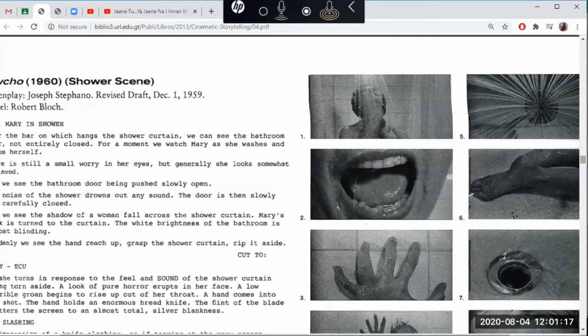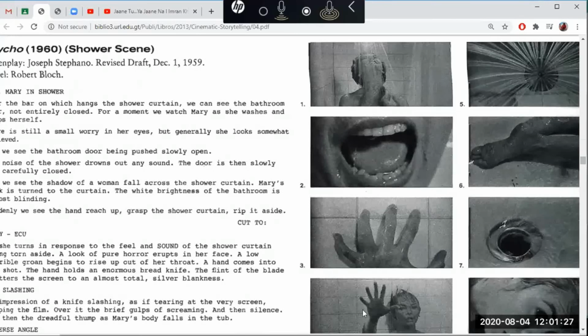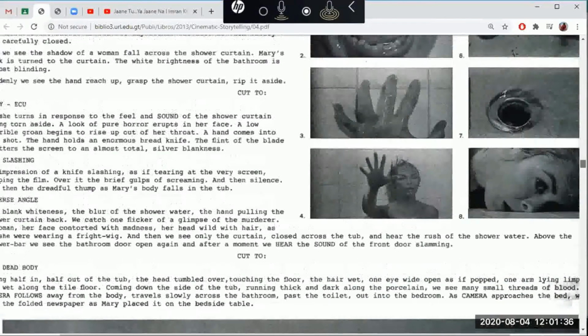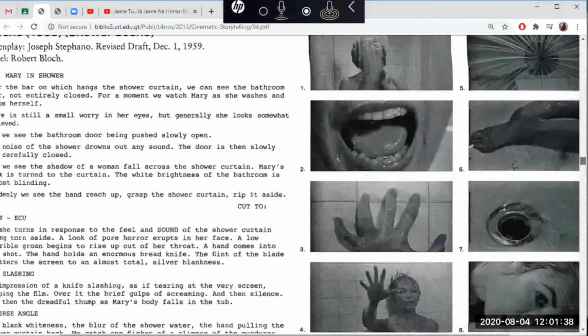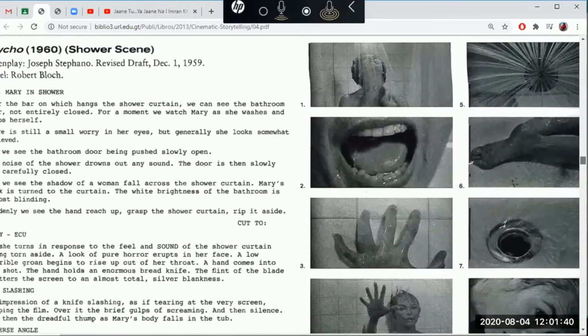So the murder part is actually completed within 45 seconds, that begins with this scream here, and her hand and feet. It shows close shots of her hand against the wall or the curtain, because she's raising her hand to hold the curtain, but instead she ends up pulling it down, right?